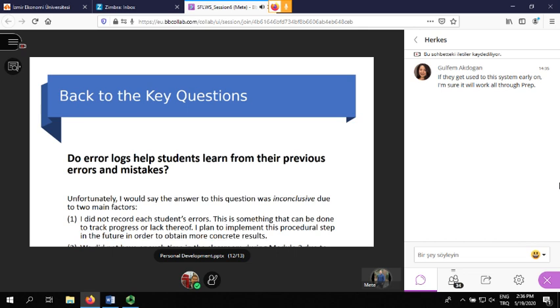First time I've tried out an error log. And I think what I'll do in the future is I will record each student's errors, right? So I can have a more detailed way of tracking progress, as I've stated, or lack thereof, right?